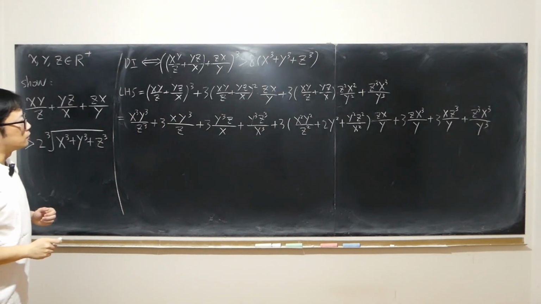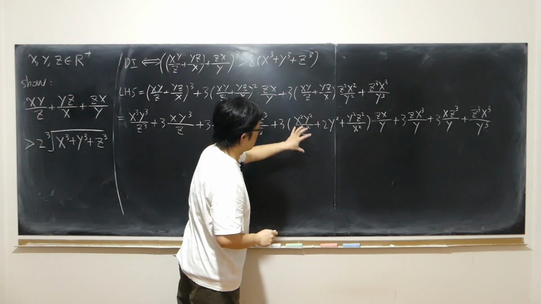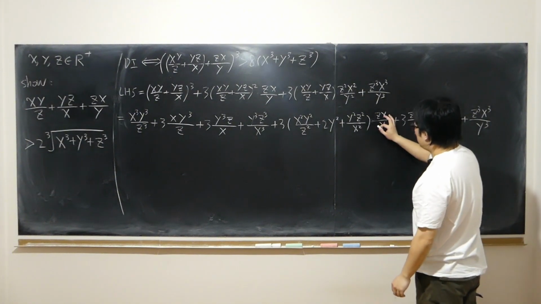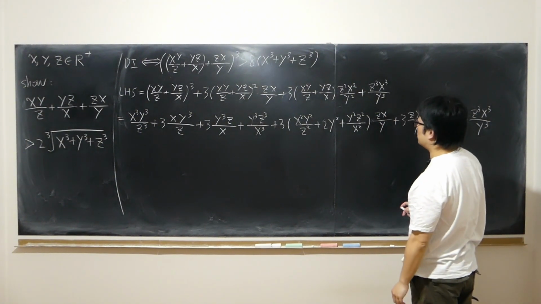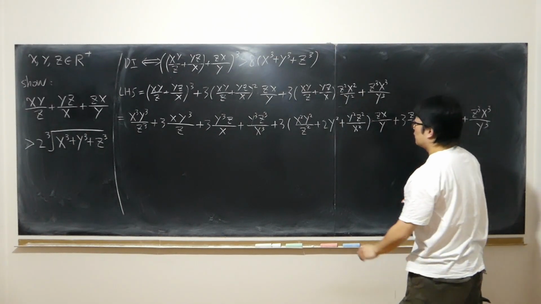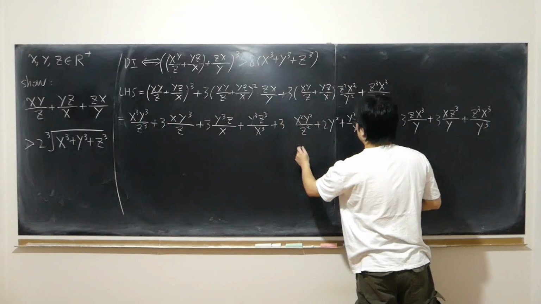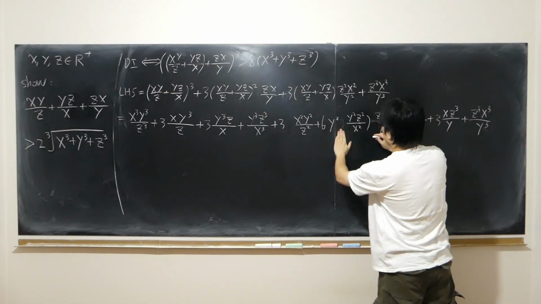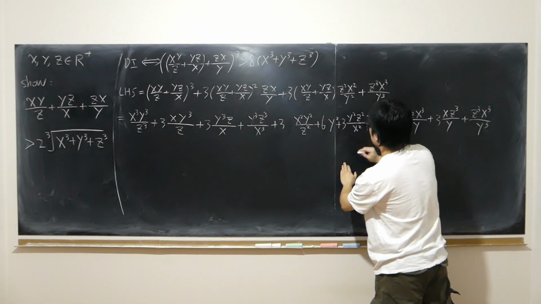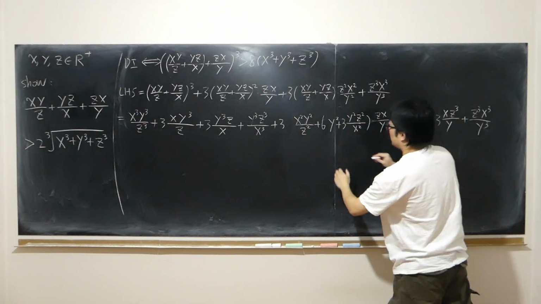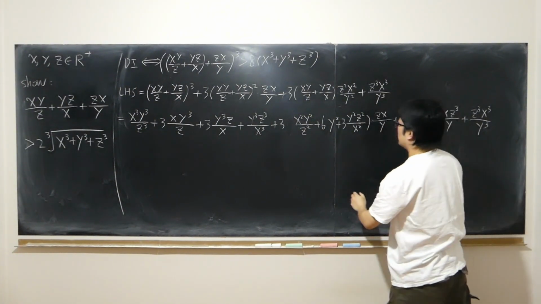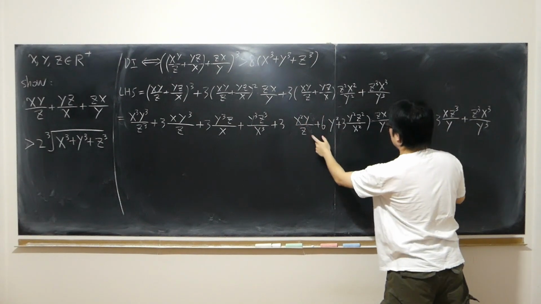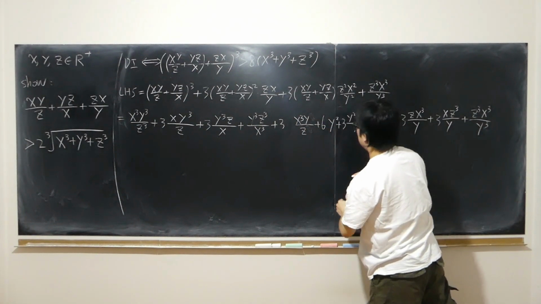So again, we simply expand this again. Multiply this over here. What do we have? 3 times 2 becomes 6, 3 times becomes 3. Distribute this to here, so z, y, x cubed here.